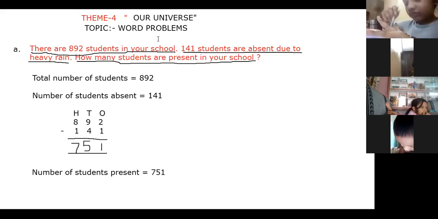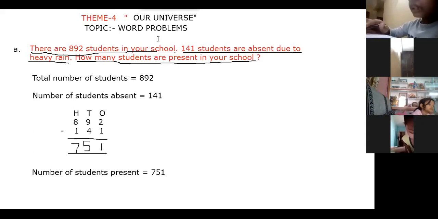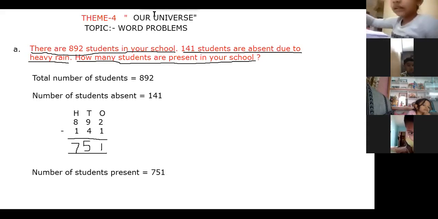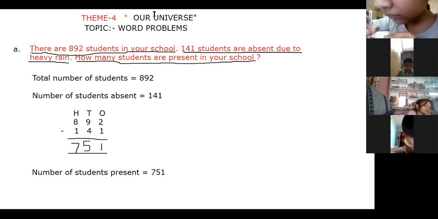Okay, children, I'll clear this now. Tanishka, what were you doing? It's been more than 20 minutes that we are doing this first word problem. I'll give you only 30 more seconds. After that, I'll erase this. This is not the right way. You people are taking so much time. Tanishka and Supratik, come on.